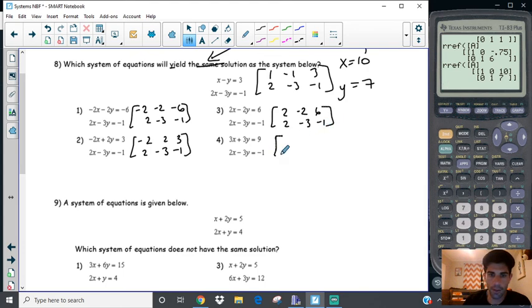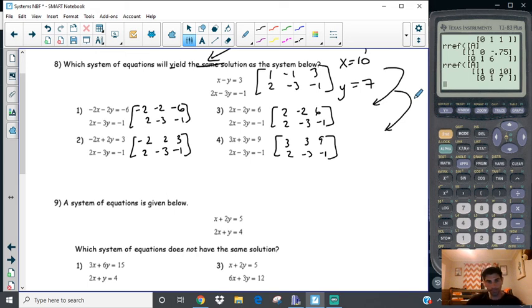Find a solution. 3, 3, 9, and 2, negative 3, and negative 1. Find his solution. And you are looking to see who has a solution of 10 for x and who has a solution of 7 for y. And then that would be your final answer. And the correct answer here would be choice number 3, I believe.